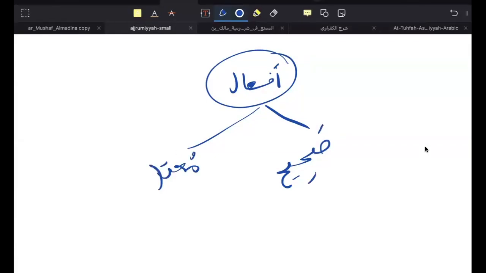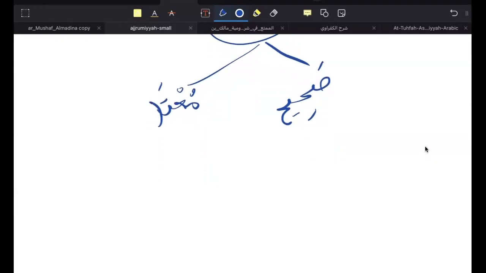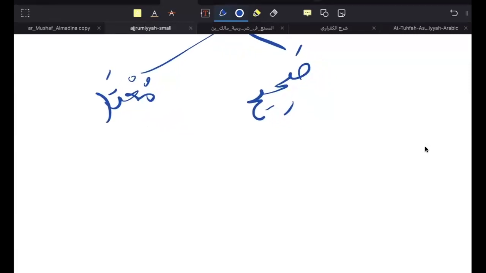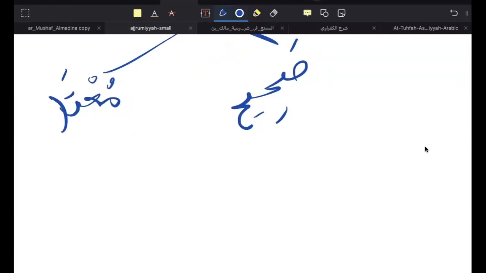Sahih and mu'tal. This concept is a little bit important, especially when we talk about the alama of the fi'l. So what is sahih? I'm not going to go into too much detail because Sahih has many different types and Mu'tal has many different types. Right now, I just want to give you a little bit of what we mean.